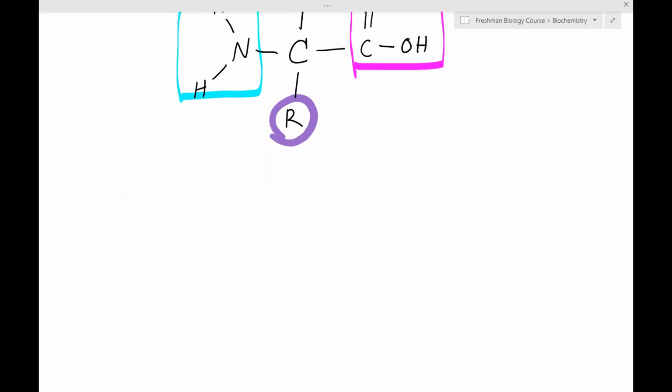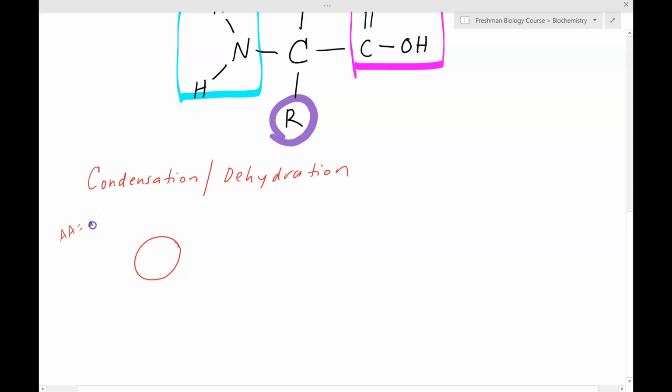All right, so just like with carbohydrates, we're going to have a condensation or dehydration synthesis. I'm going to simplify an amino acid with a circle. So we're going to say that AA stands for amino acid. So I have one amino acid here, right? And then we would have a condensation reaction where water is going to come out, all right?